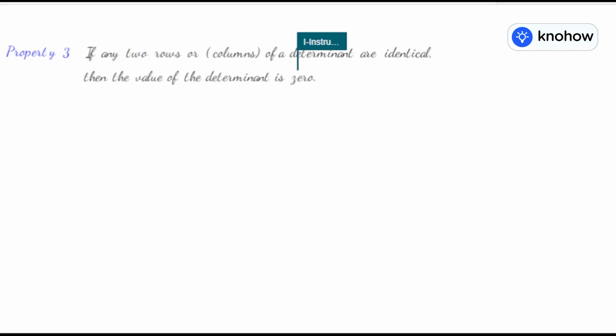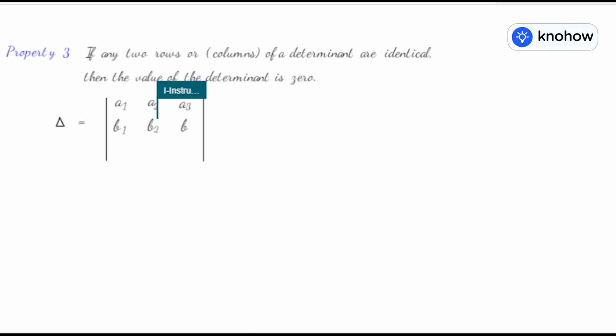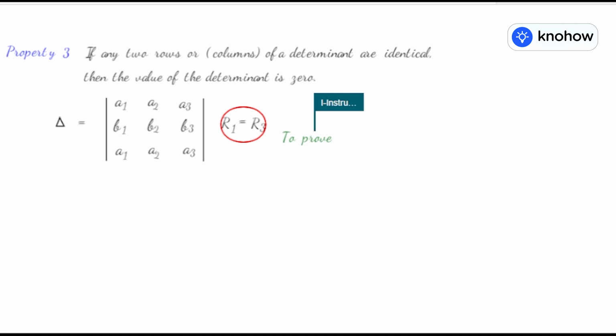For example, let the determinant be given as A1, A2, A3, B1, B2, B3, and the elements of the third row also are A1, A2, A3. What do you find here? That R1 and R3 are identical, R1 equal to R3, and we want to prove what the property says, so let us prove that the value of the determinant in this case will be 0.